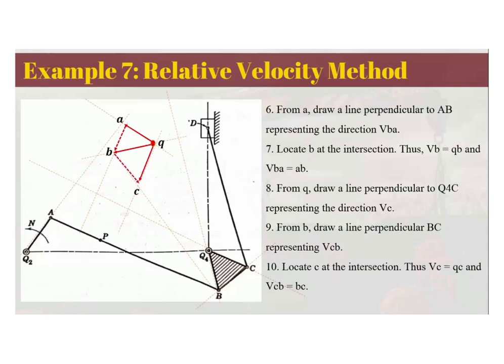So thus, we are able to locate the velocities of A, B, and C using this velocity polygon. So we're not yet done because we're still looking for the velocity of D.